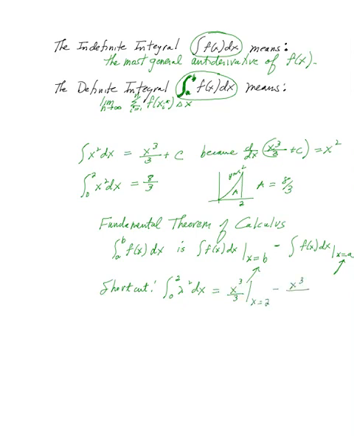We evaluate that at x equals 0. And we get 8/3 minus 0/3, which is 8/3. So the reason we use this symbol for an indefinite integral is that we have borrowed it from the definite integral.